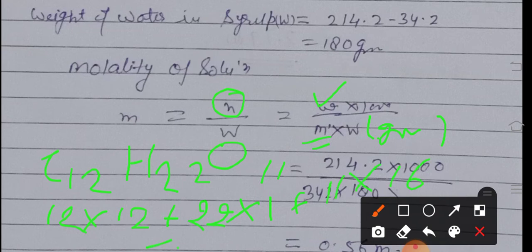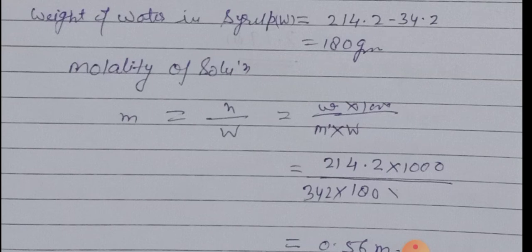On addition we have got 342. So the molecular weight of sucrose is 342. Now weight of solute equal to 34.2, weight of solution equal to 214.2, as given in the question.